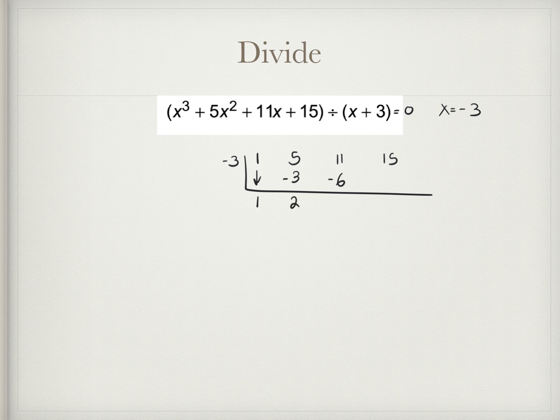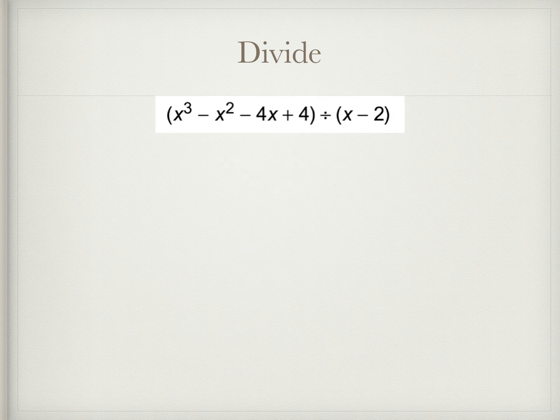This is going to be -6. It's going to be 5. It's going to be 15. This will be 0. Now, since we started with an x cubed, we're going to go ahead and do x squared plus 2x plus 5, and that will be your solution for the time being, because all they want you to do is divide by the number.